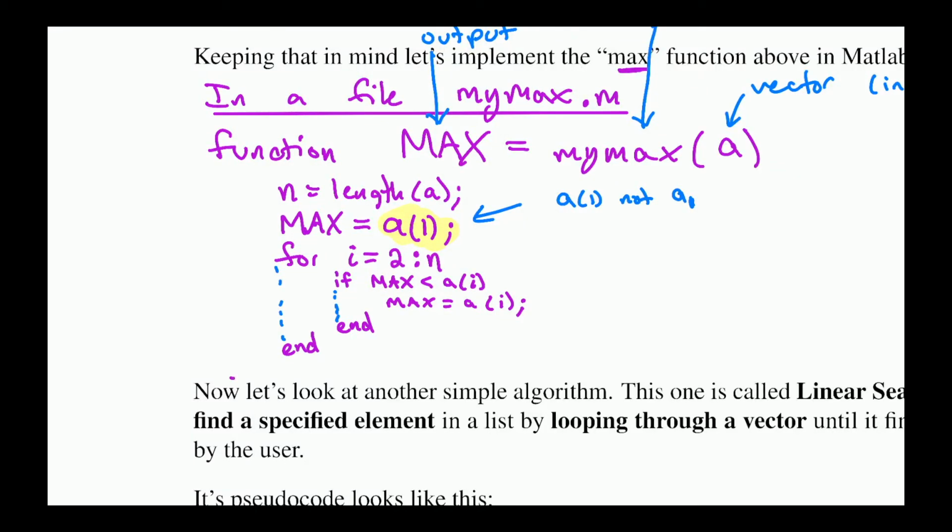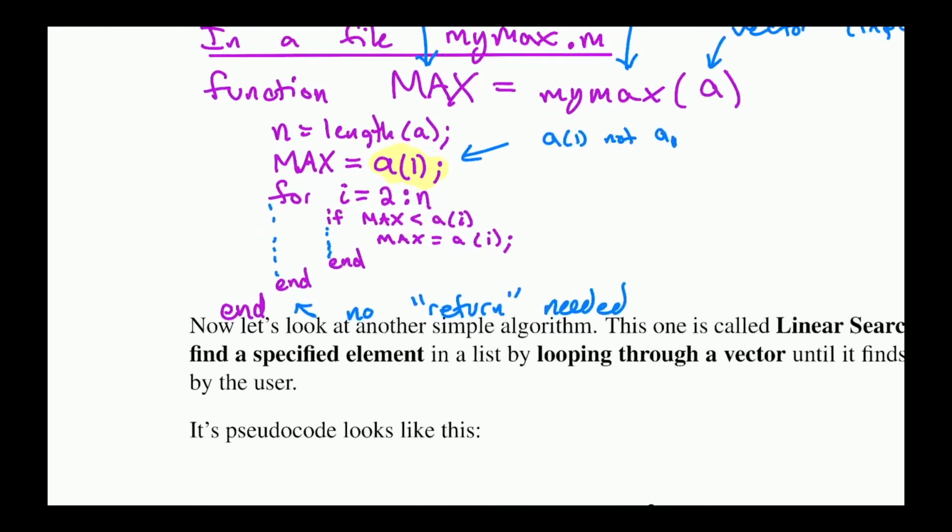So I can just say end, and that would be the end of the function, right? No return needed. When it gets to the end of the file, it will return, and it knows that the return variable is max. So there you go. That's your MATLAB code for a max function.